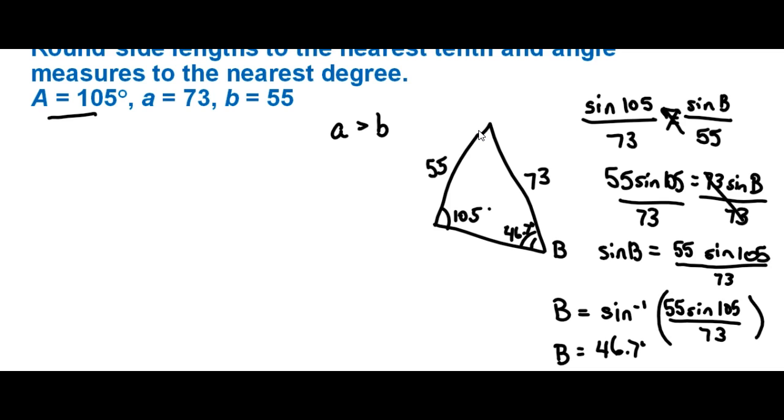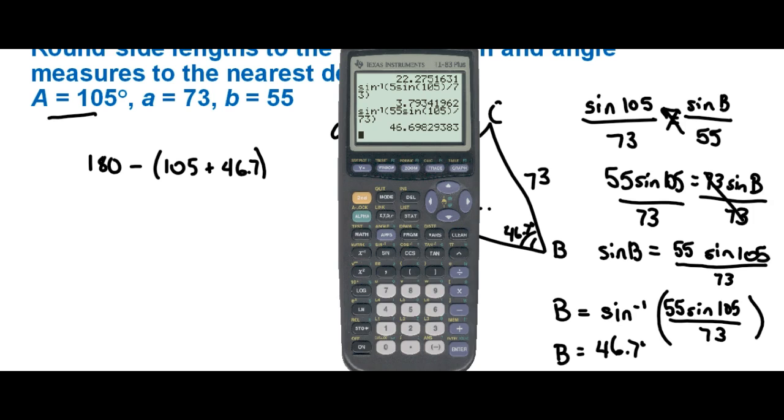That would allow me to find the third angle, which we can call C. 180 minus 105 plus 46.7 is going to give us 28.3.